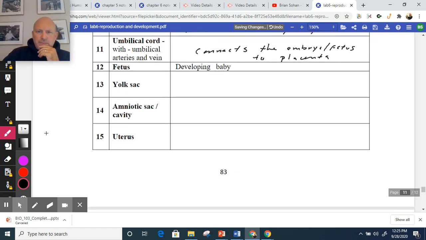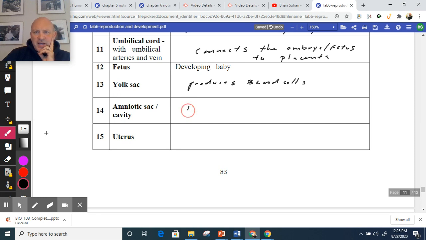All right. The yolk sac produces blood cells early, before the presence of bone marrow. Once bone marrow is produced, then the blood cells will be coming from there. But before that's the job of the yolk sac.